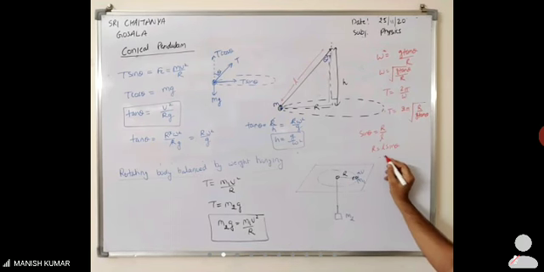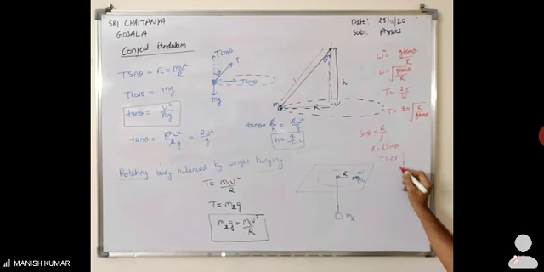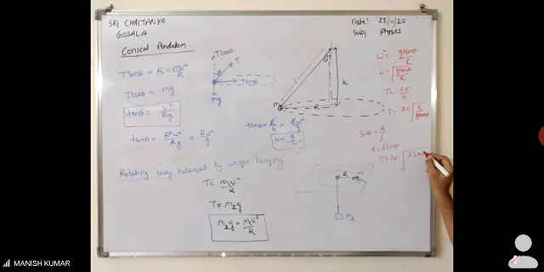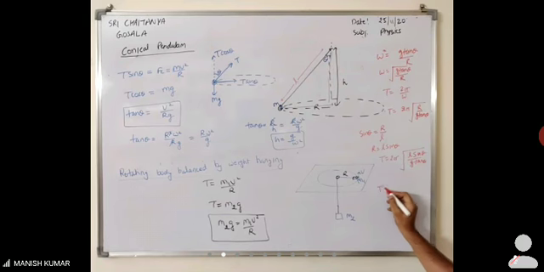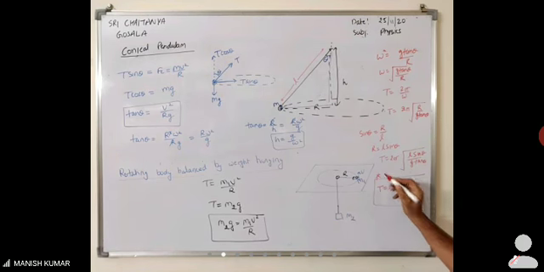If I put it here, the time period becomes 2 pi root of L sin theta upon g tan theta. Tan becomes sin upon cos, sin will be cancelled out. So it becomes 2 pi root L cos theta upon g. Write down. This is a standard result.